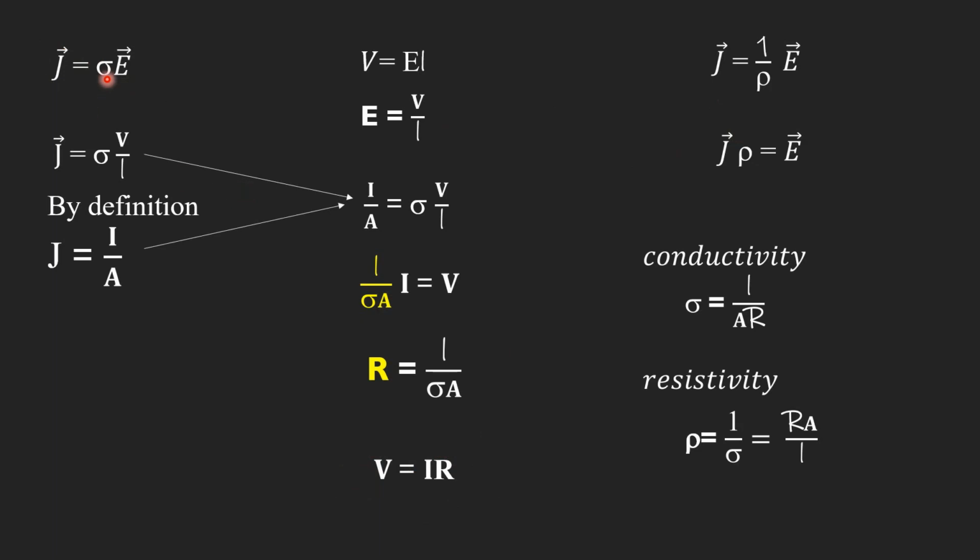Also, we have dealt with conductivity. We have a term which is the reciprocal of the conductivity, called resistivity, represented by rho.